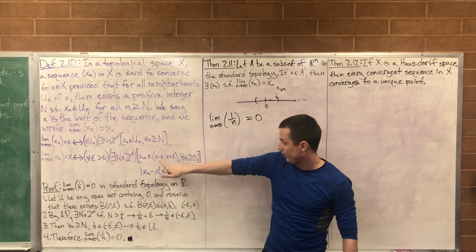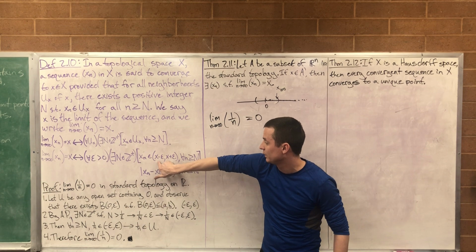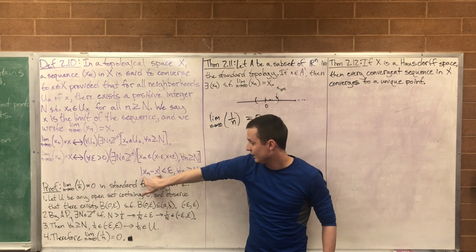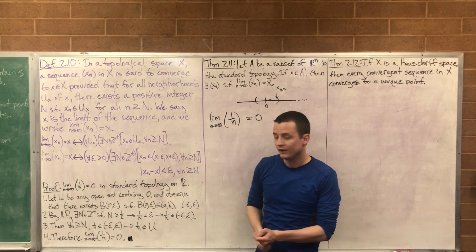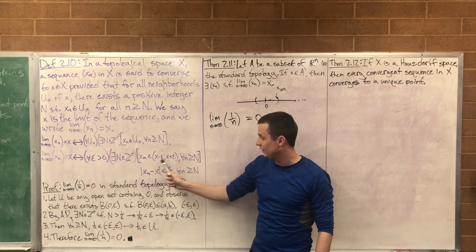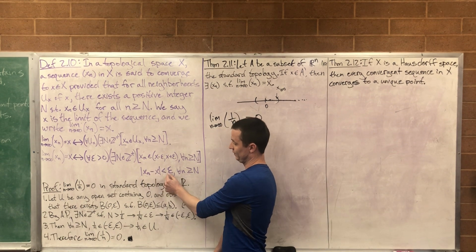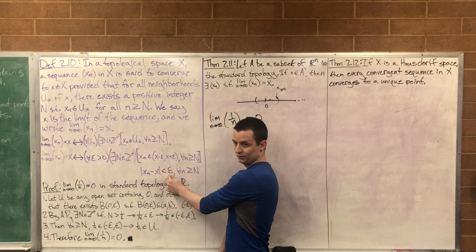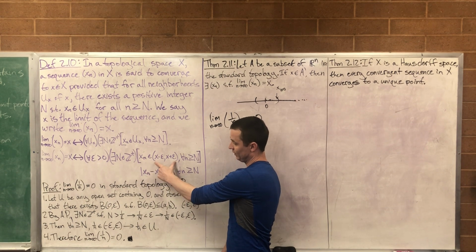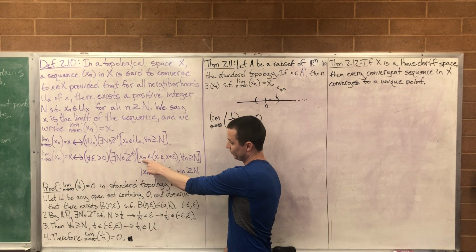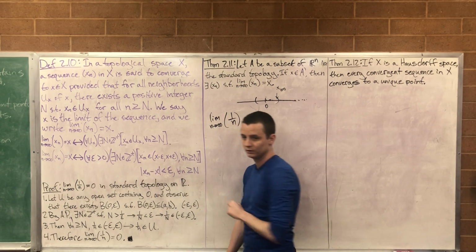Right? And now they're not quite used to seeing it this way because there's another way to write this in terms of absolute values, and that's this. If xn is in here, that's logically equivalent to, the distance between xn and x is less than epsilon. If xn is in this interval, then the distance from xn to x is less than epsilon.